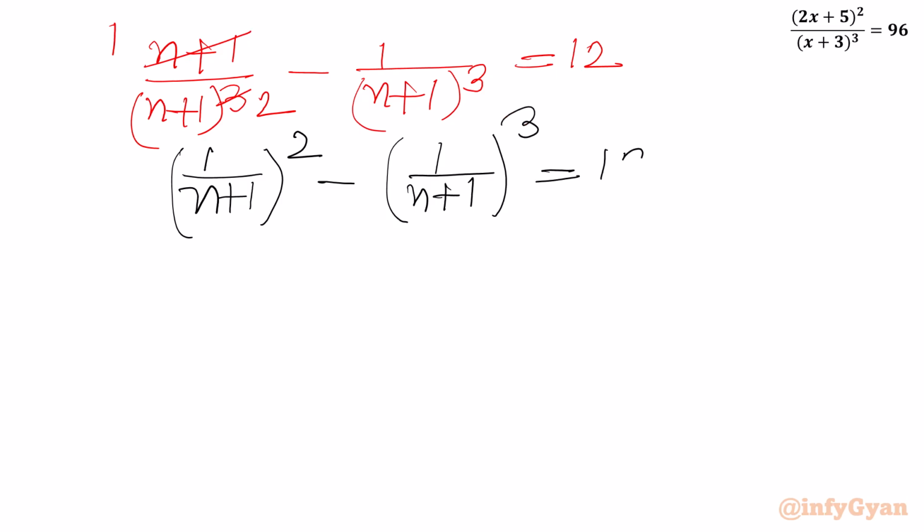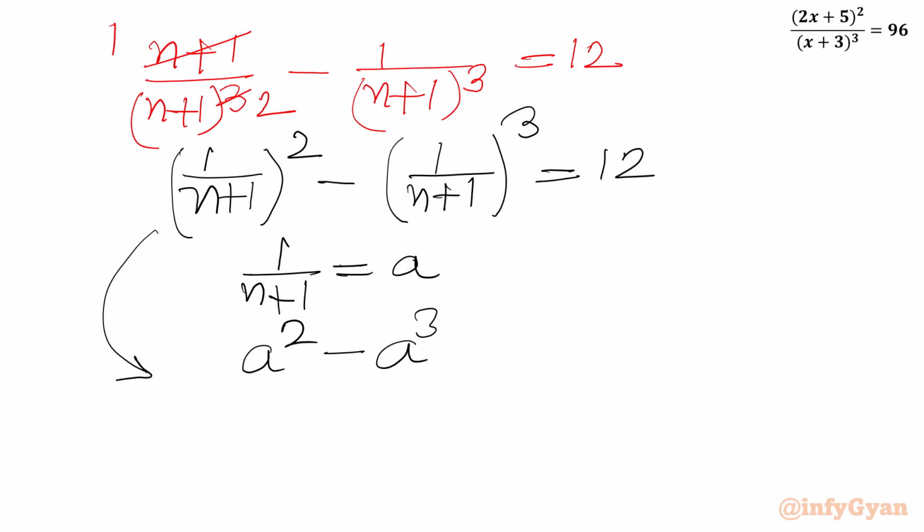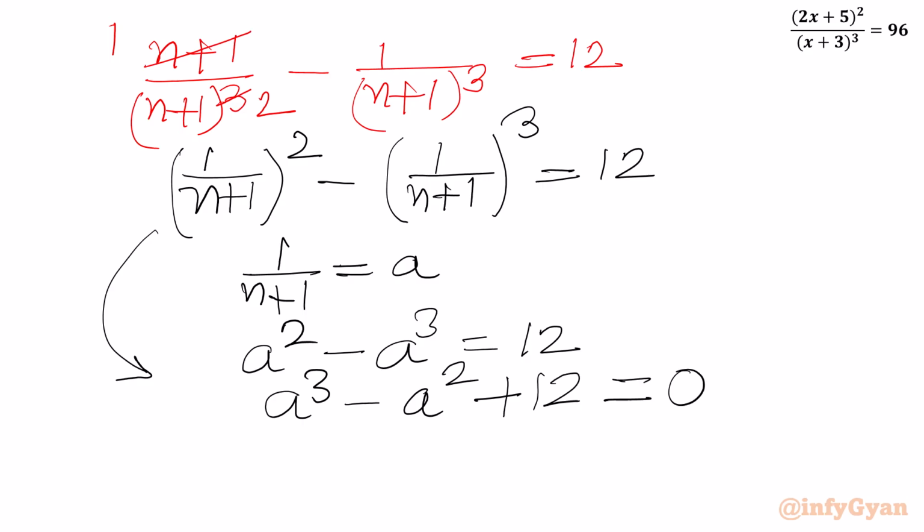Now we will assume 1 over (n + 1), let's say this is a. So our equation will be cubic in a: a² minus a³ equal to 12, or taking all the terms to the RHS, a³ minus a² plus 12 equal to 0. Now this is a cubic equation.